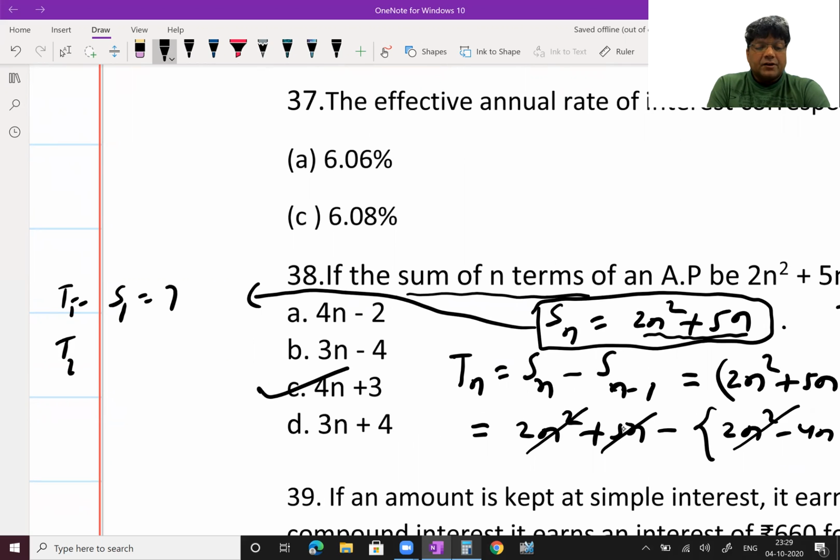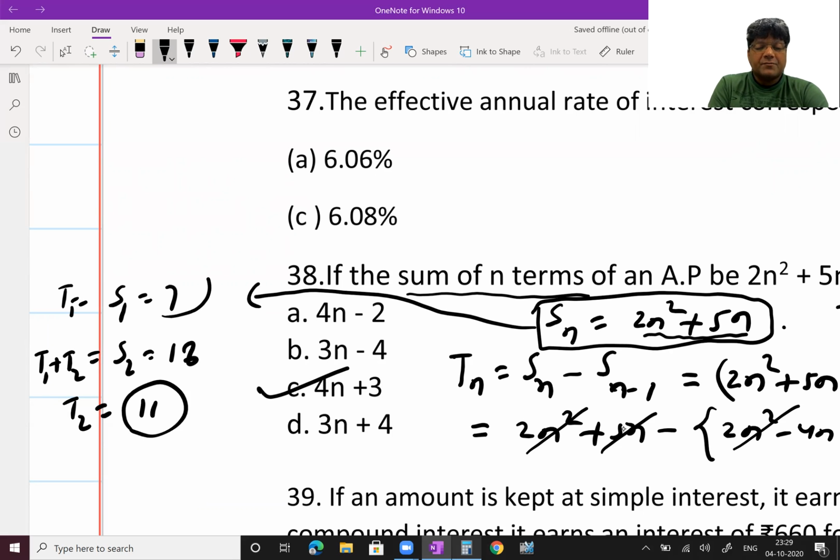Now, if I put 2 on both the sides, I will get S2, that is 2 into 2 square, that is 8, 2 5s are 10, 8 plus 10, 18. Now, S2 is equal to 18. S2 means what? Sum of first two terms, and that is T1 plus T2. So your T2 will be equal to what? 18 minus 7, that is 11.